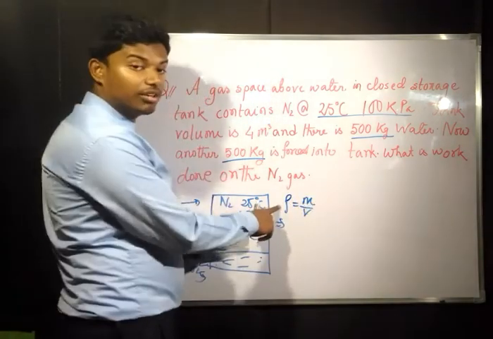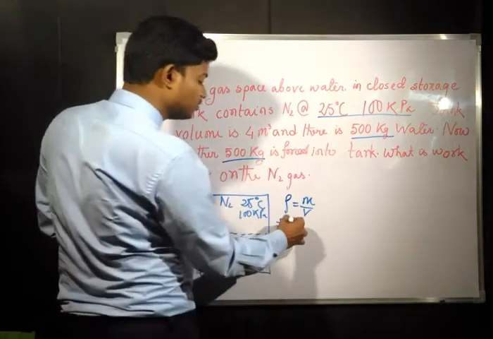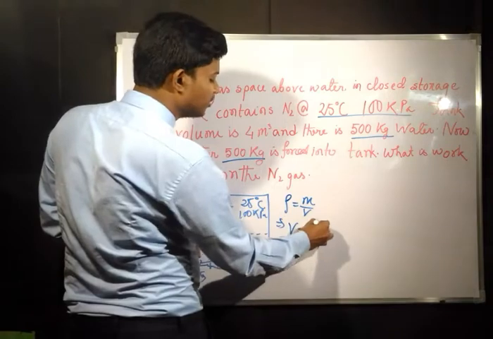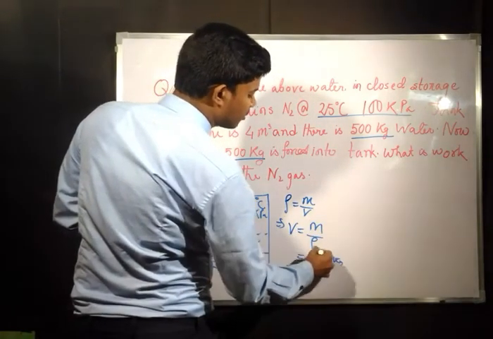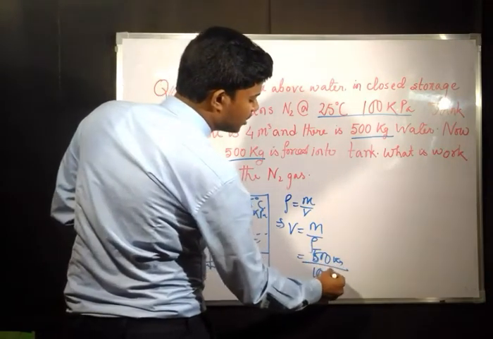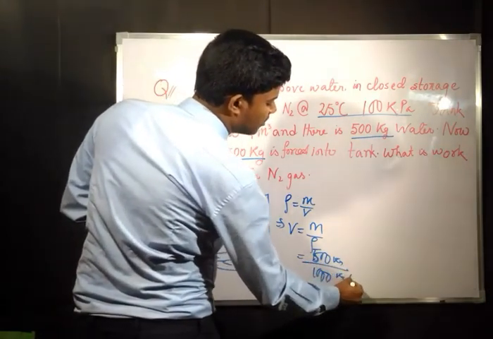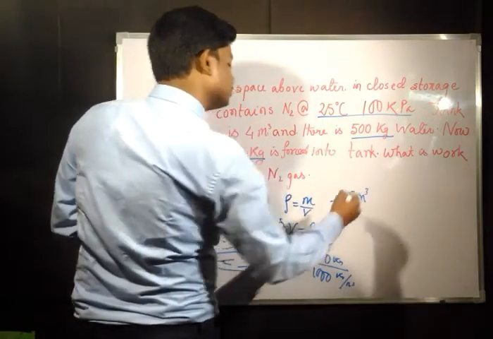The density of water is 1000 kg per meter cube, and the mass is 500 kg. So volume will be mass by density, 500 kg divided by 1000 kg per meter cube, and the result will be 0.5 meter cube.